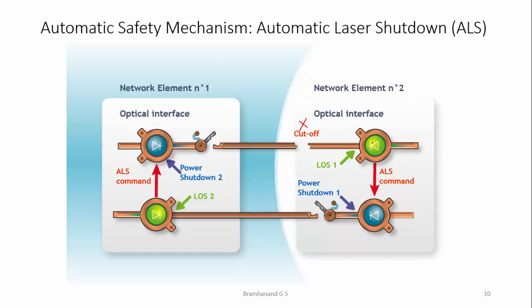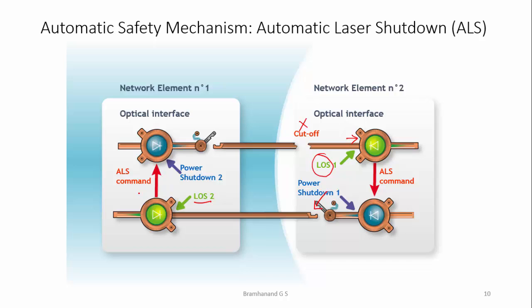If there is a fiber cut here, it will raise a loss of signal at this particular network element, which will send an automatic laser shutdown command to its transmitter, and which will shut down its output, such that transmitter 1 will get a loss of signal.